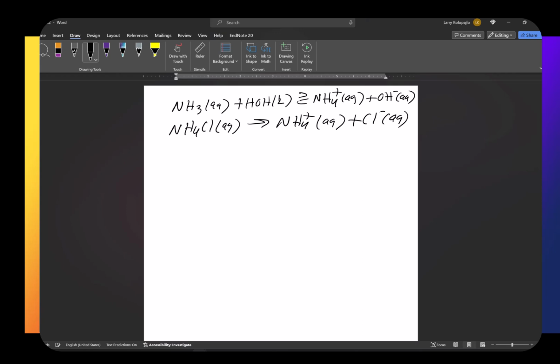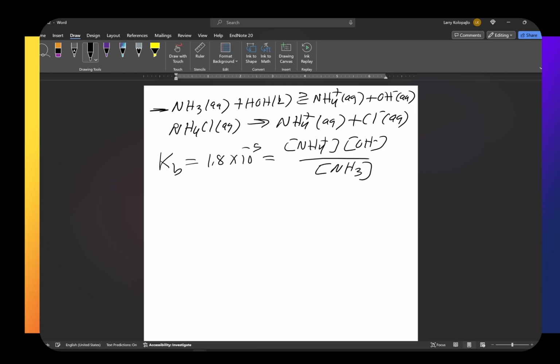We're not going to use Henderson-Hasselbalch for this. Don't bother trying to memorize the equation. I won't give you credit if you do use it. The Kb for this, we're going to use the equilibrium to compute. So that Kb is given as 1.8 times 10 to the negative fifth. That's going to be ammonium from this first equilibrium times hydroxide over ammonia.